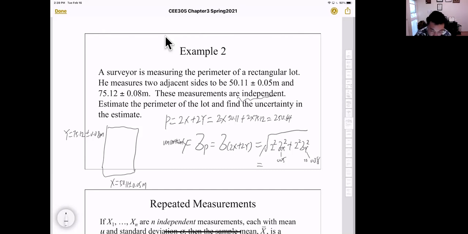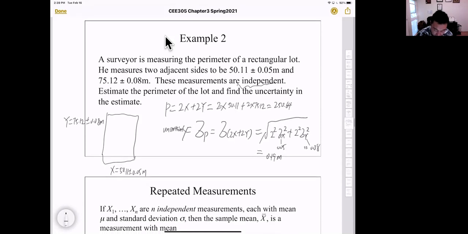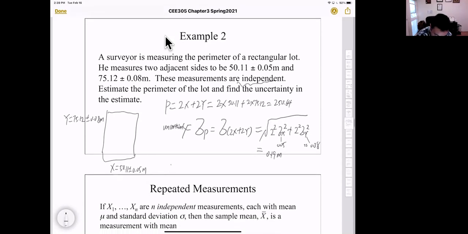So it turned out the uncertainty for the parameter is 0.19 meter. So we describe the parameter p as equal to 250.64, which is here, plus minus 0.19 meter. Again, it is plus minus uncertainty.